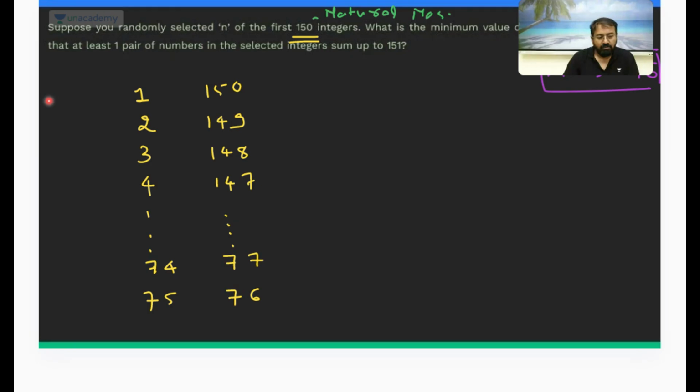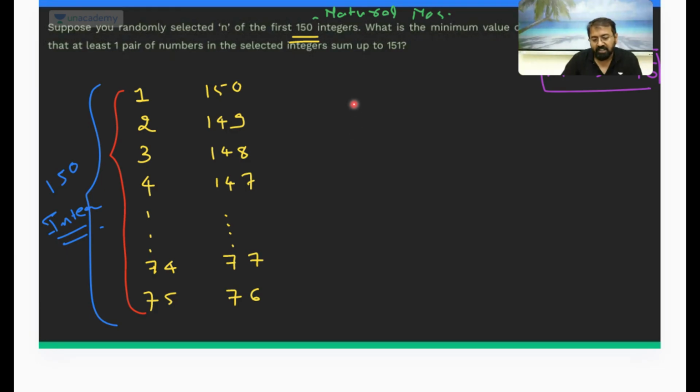So these are my 150 integers. Do you agree with this?